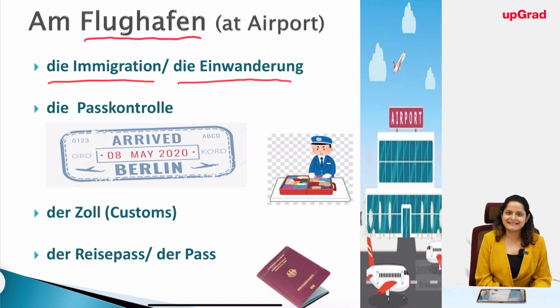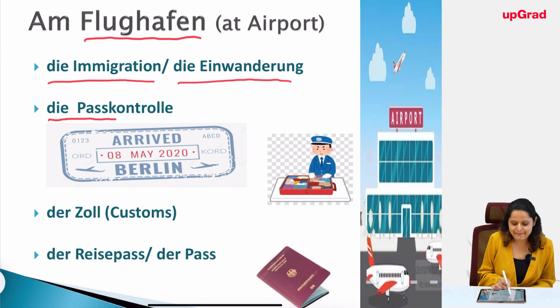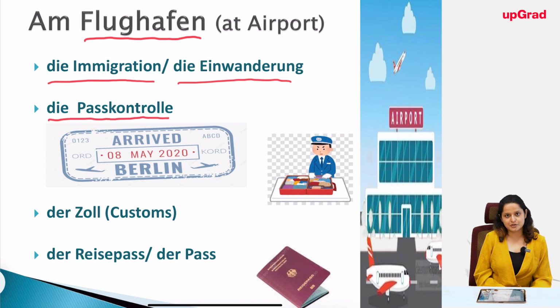These two terms we use for immigration. But when you are at an airport and you have to get your passports checked, the word that is used is the Passkontrolle, which means passport check. So as you can see, der Reisepass or der Pass means passport and Kontrolle is checking of that passport.